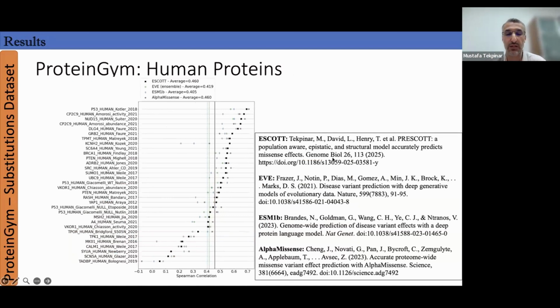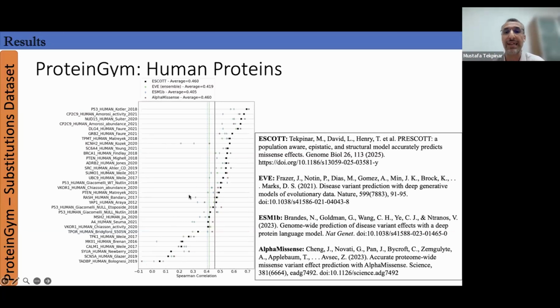PRESCOTT is recently published in Genome Biology, and I am sure almost everybody here is aware of the other 3 methods as well, AlphaMissense, ESM1b, and EVE. In general, we can see that, okay, on the top right part, there are some proteins that almost all methods predict quite well. On the other hand, on the bottom left-hand side, we can see that almost all methods fail for some proteins to predict them well.